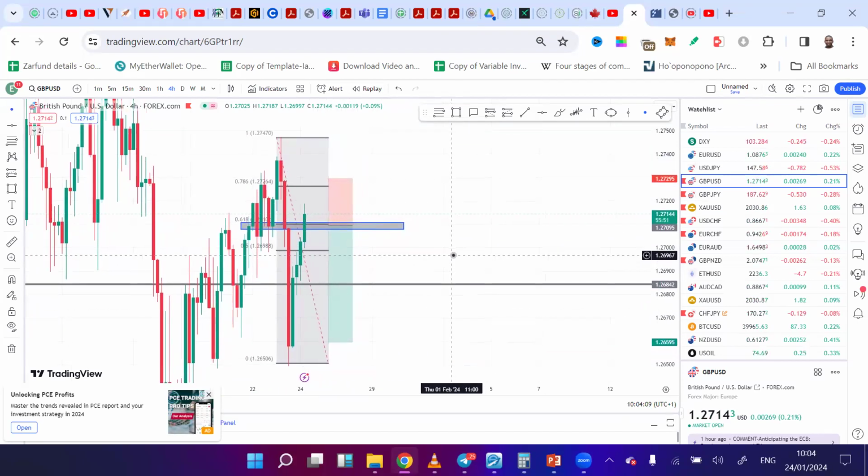Price has currently passed the entry, so the trade has already triggered. We're expecting price to come all the way down here. So that's the trade we set out this morning.